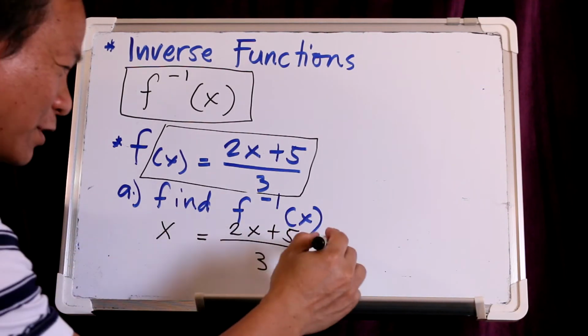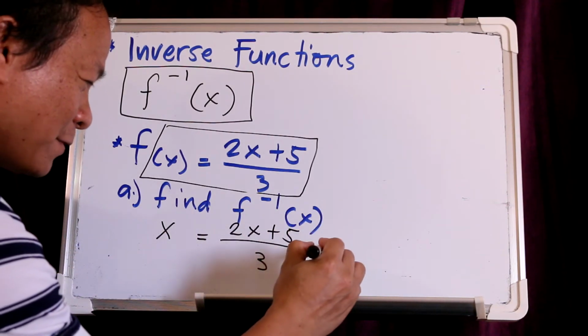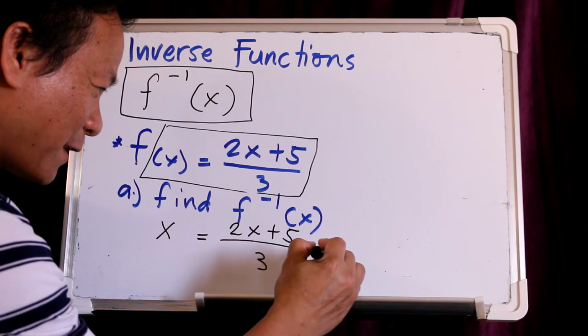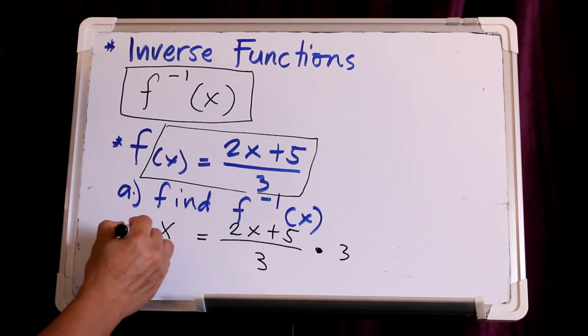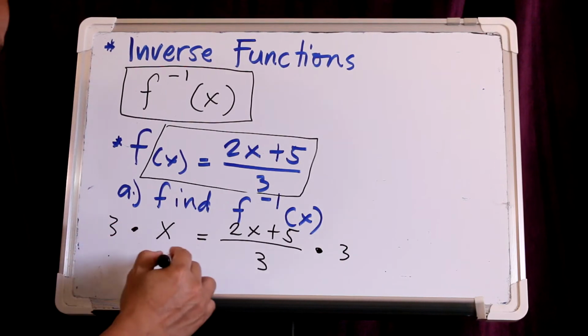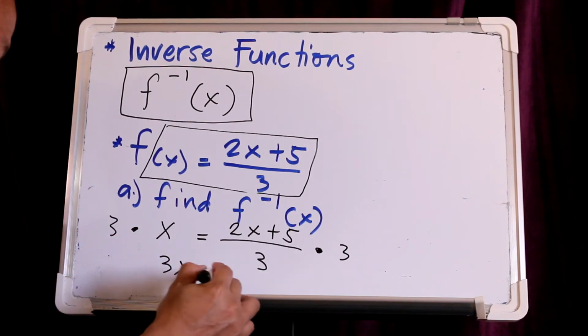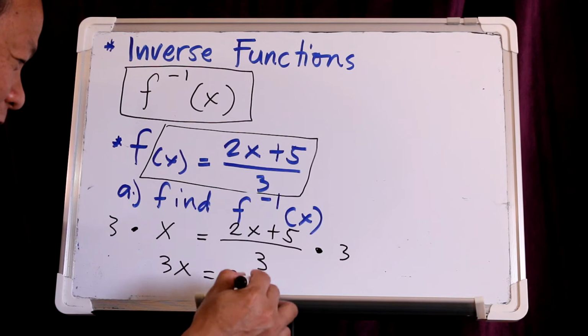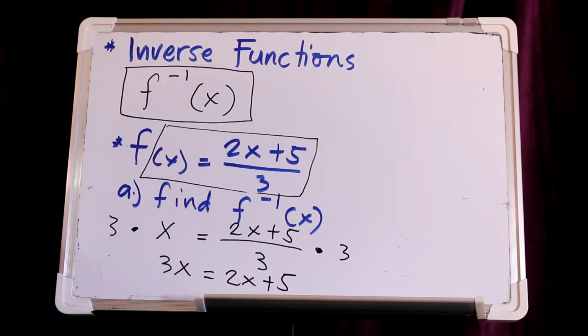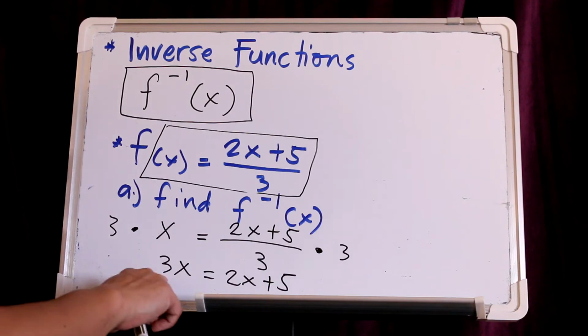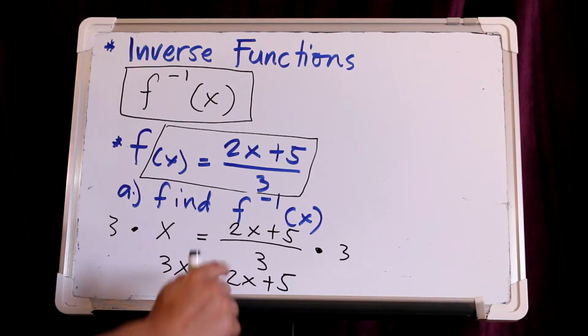So you can multiply this with 3, both sides. Alright? Then you will have 3x equals 2x plus 5. Right? So 3x equals 2x plus 5.